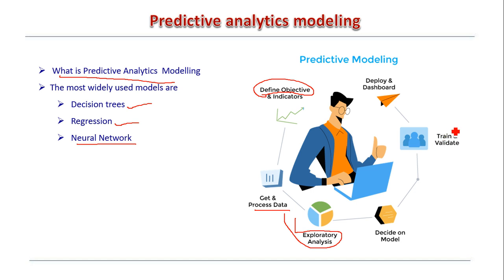Then we divide into train set and test set. After that we build the model. Once we build the model, we can deploy it on any front end tool to see the results interactively. This is about predictive analytics modeling. In this I selected decision tree for implementing this project.